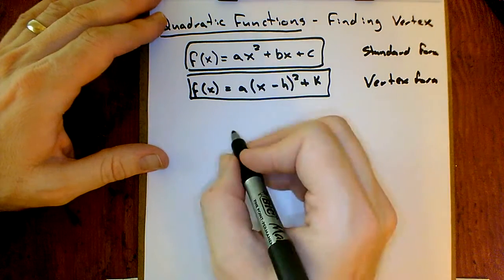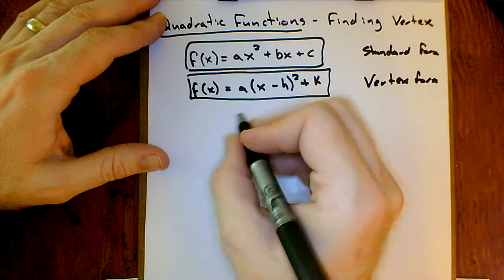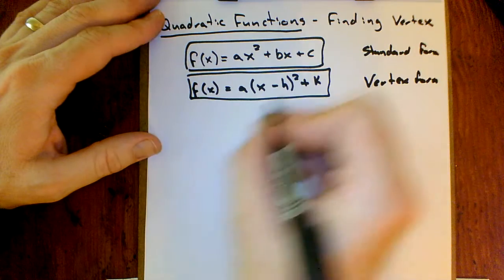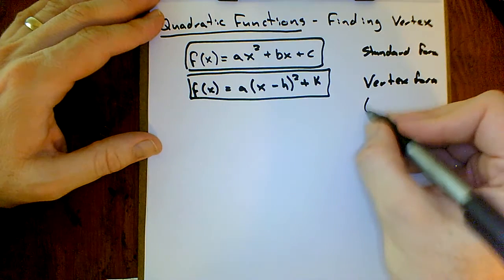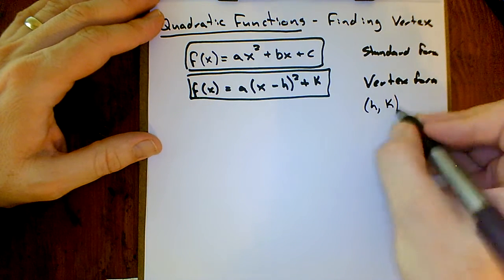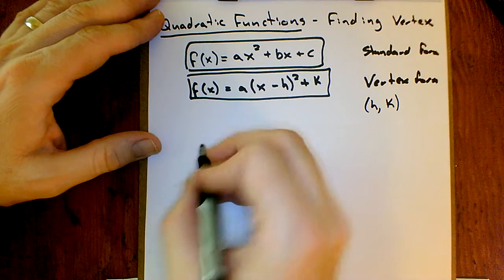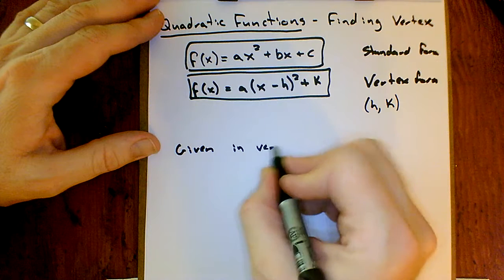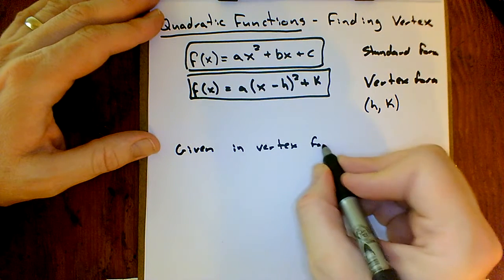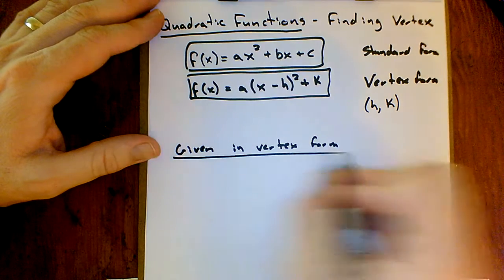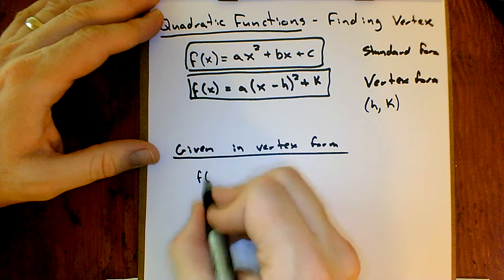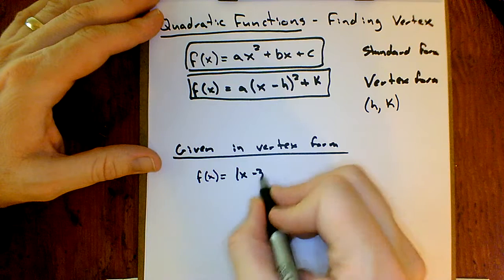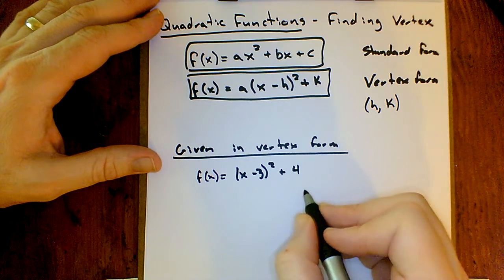Anyway, now our vertex is really easy to get from the vertex form, as you might guess. The vertex is just given by that h and k. So if I'm given something in our vertex form, let's say we've got something like f of x is equal to (x minus 3) squared plus 4.